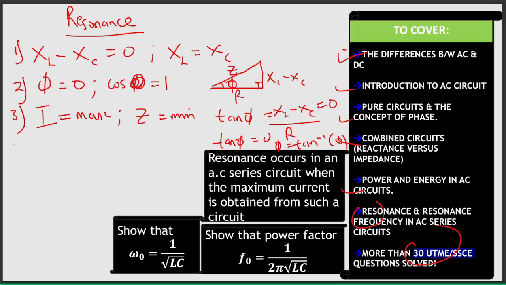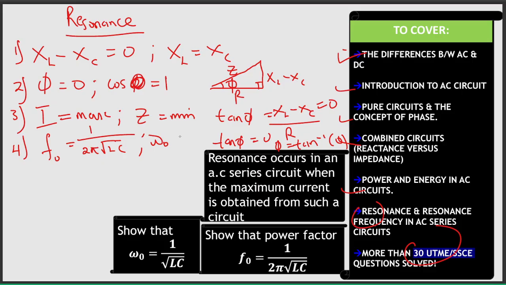All right. Now, point number 4, at resonance, the resonance frequency is given as 1 all over 2 pi root LC. Is that okay? Now you can as well write in terms of the angular frequency or angular velocity.